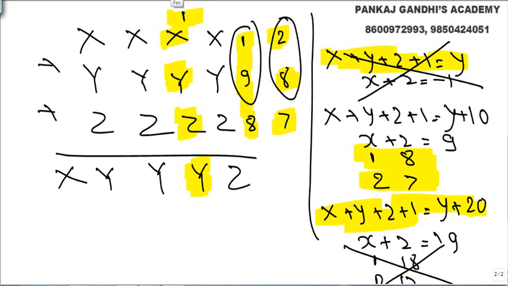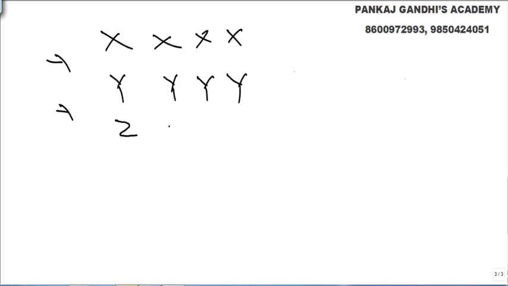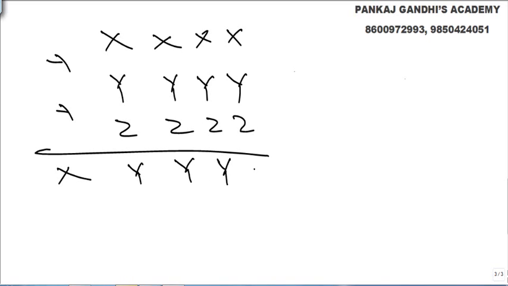Let me quickly repeat in a nutshell what we did. We took x plus y plus z and looked at the last digit. Quickly, a smarter, faster way: x plus y plus z has last digit z.